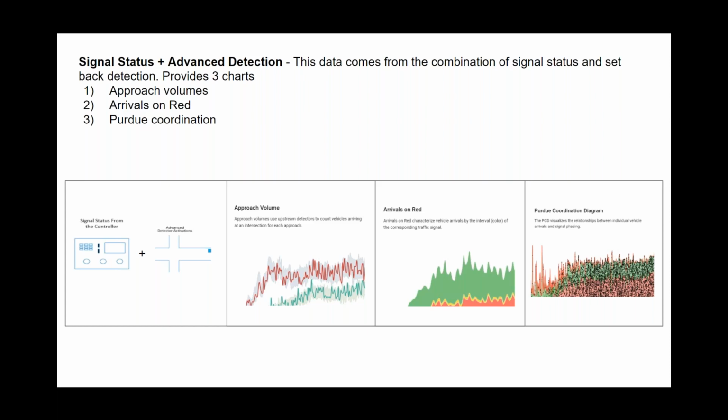With the Purdue coordination chart there on the right, it really allows you to see that platooning effect. So the grouping of detector hits, the grouping of cars approaching the intersection, and really seeing how those platoons are arriving at one intersection and then getting to the next intersection and working their way through a corridor.